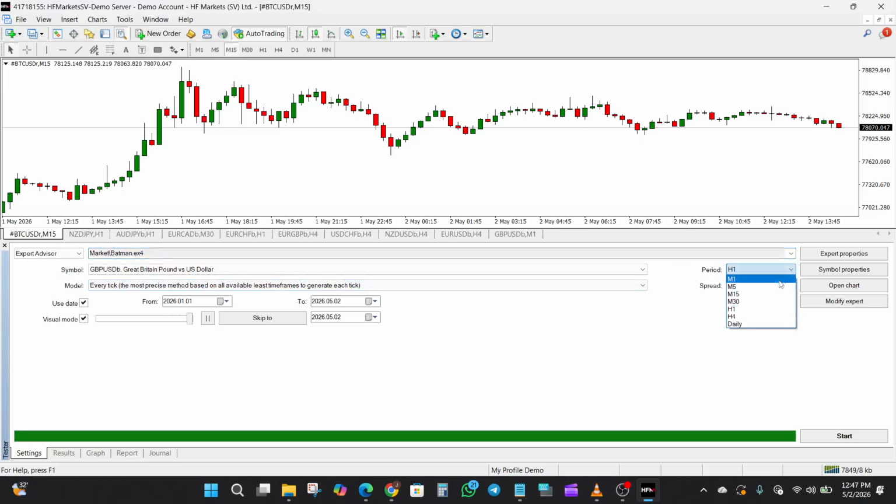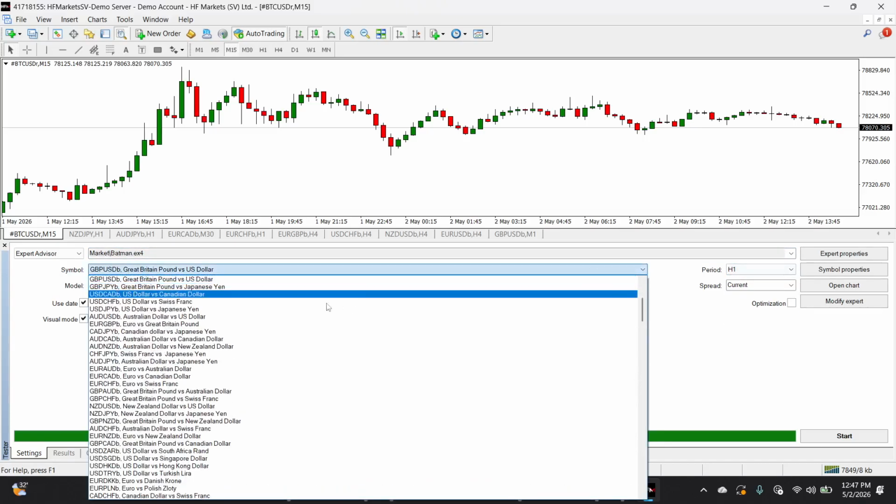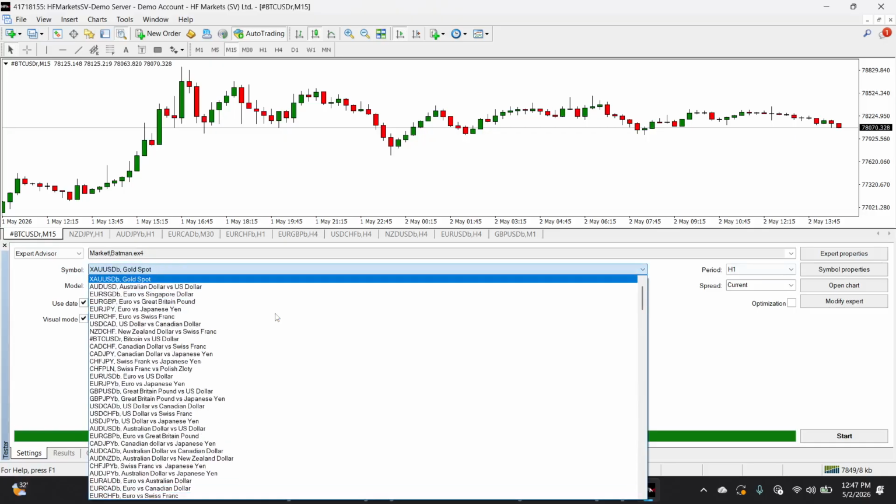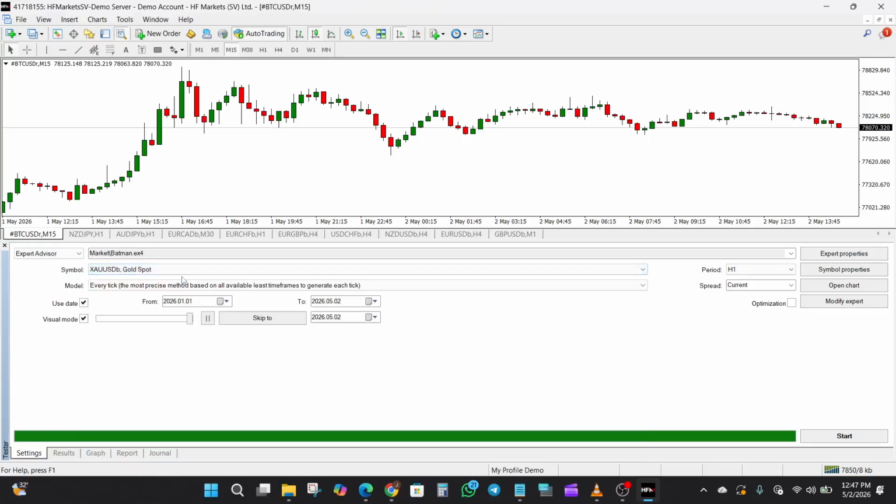We're going to be using the H1 time frame and XAUUSD. We are going to run the test from the beginning of the year so that we can get a meaningful data range. As always, longer backtests tend to give a more reliable picture than short-term results. So let's just start the test.